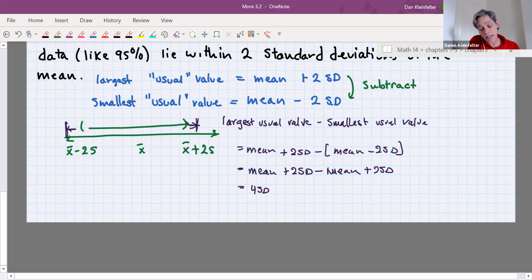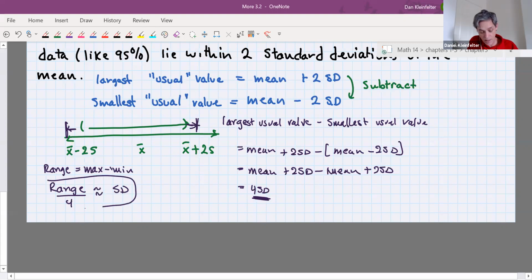So we could take the range, which we learned last time was the maximum minus the minimum, which isn't necessarily the same as x bar plus or minus 2 standard deviations, but it turns out that the range is about 4 standard deviations. So if we take the range divided by 4, that is going to be approximately the standard deviation. And that's what's called the range rule of thumb.